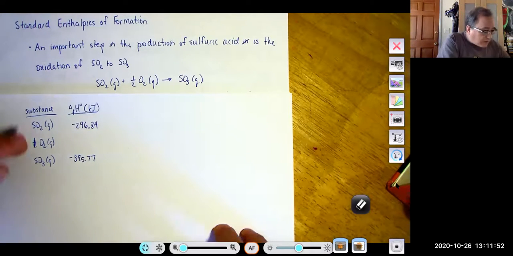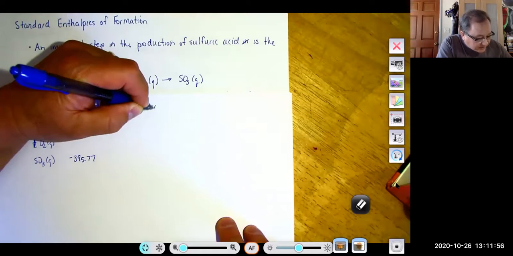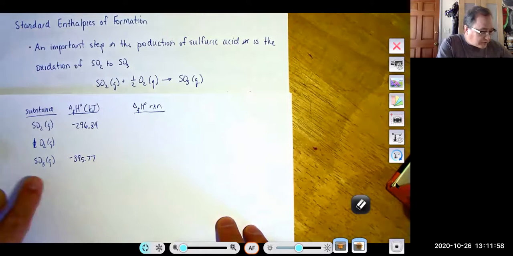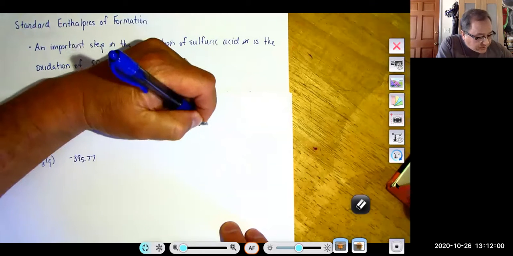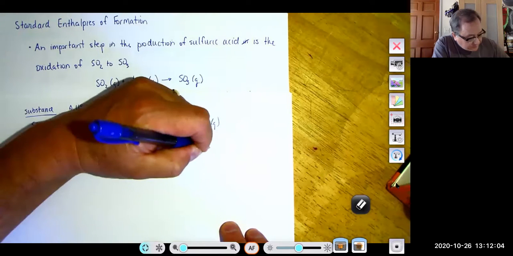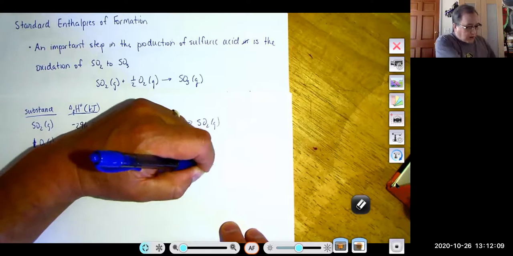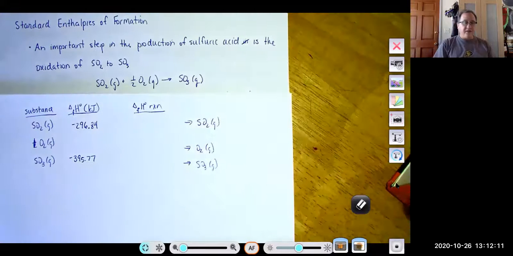But what I want to do is write the enthalpy of formation reaction for each of these. So for SO2 and for O2 and for SO3, I want you to write all three reactions out. And when you're done, give me a thumbs up.